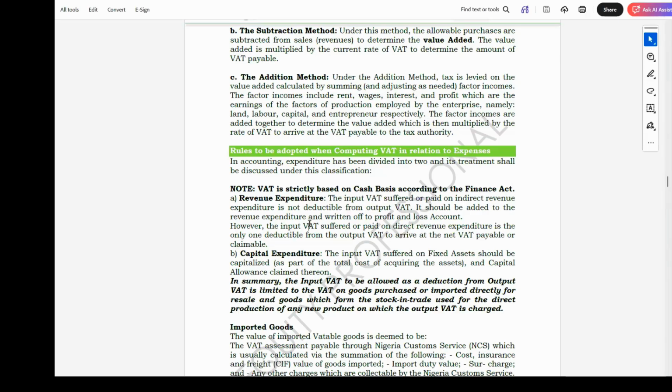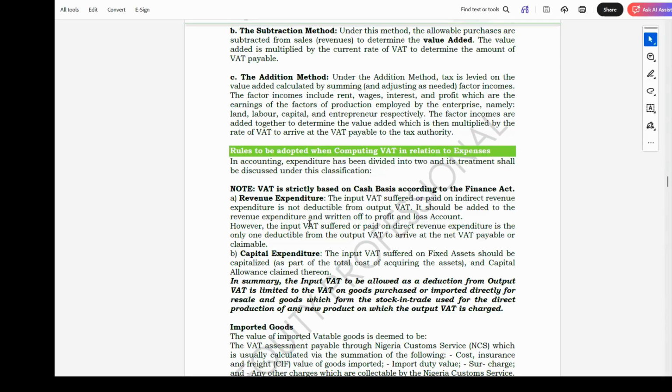So because you are going to allow your VAT on indirect revenue expenditure as an allowable expense, you cannot claim it again as input VAT.